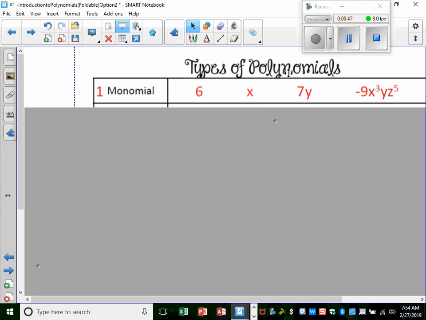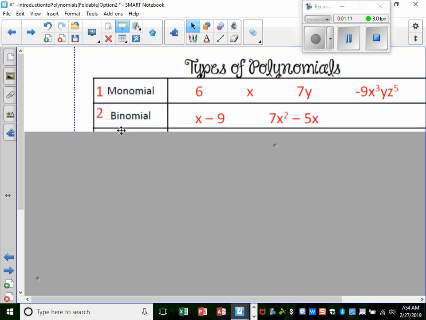That's considered one term. So terms are separated by plus signs and minus signs. So this is considered also a monomial. Okay, this is one term. You don't see like plus 6 or plus 10 or plus 8x. It's just considered one term. So we call that a monomial.